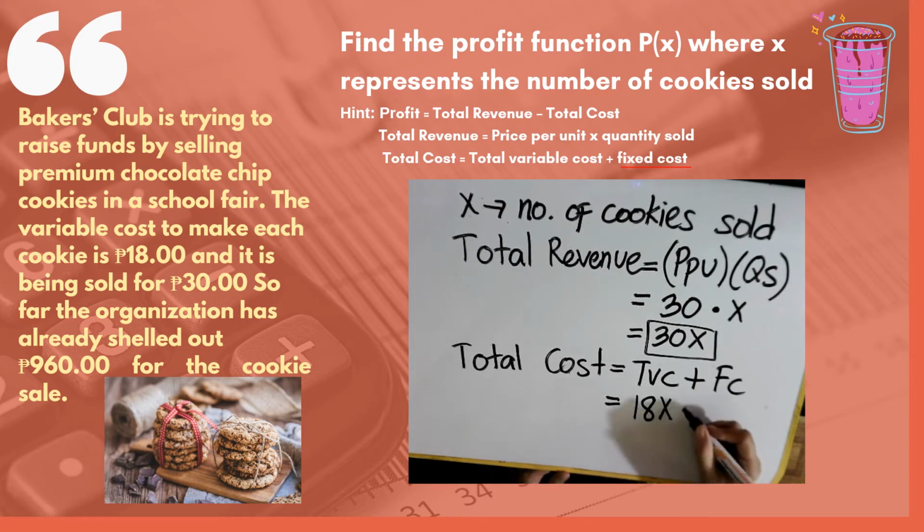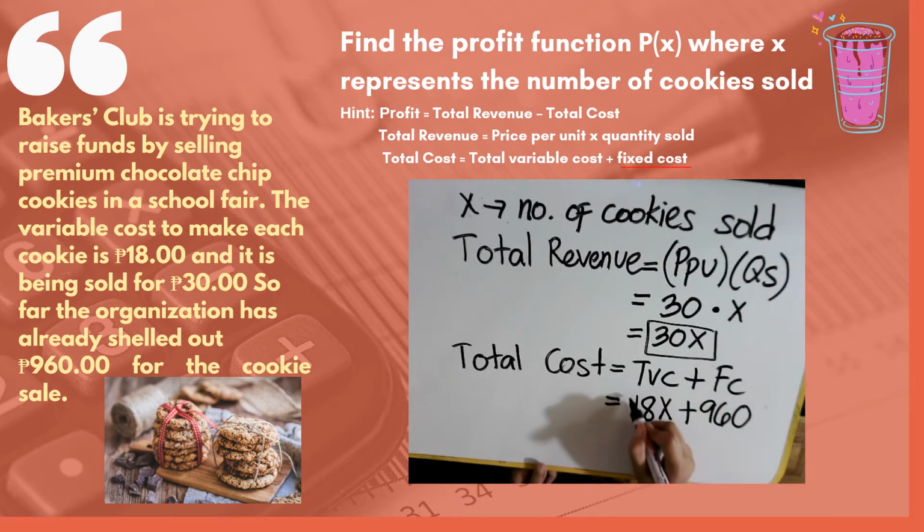Plus, syempre, idadagdag natin yung fixed cost. Ito yung iba pang mga gastusin tulad ng mga iba pang kagamitan para sa paggawa ng cookies. So, binanggit na ang fixed cost o yung nagastos na ay 960. Ayan.